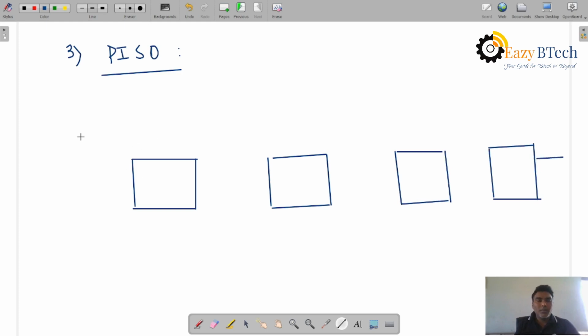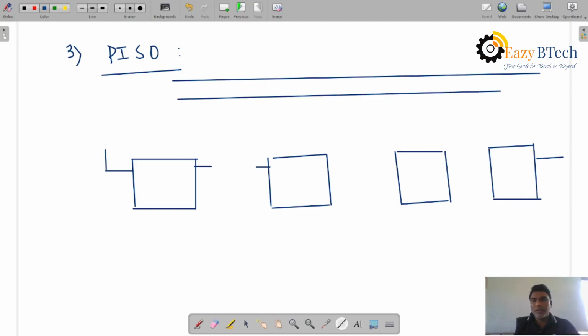So parallel input data. When we are applying parallel input over here, let me draw this line from this path, and another path over here. Let's see this one.